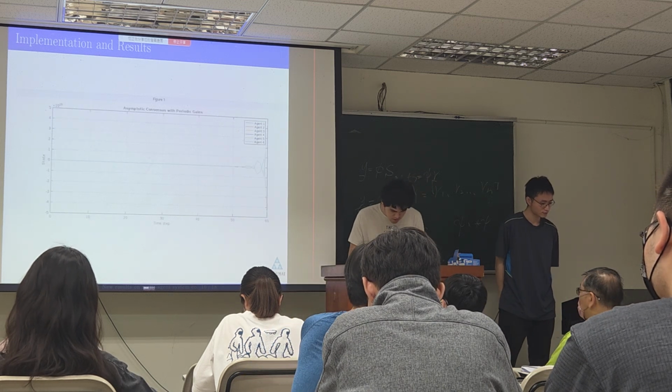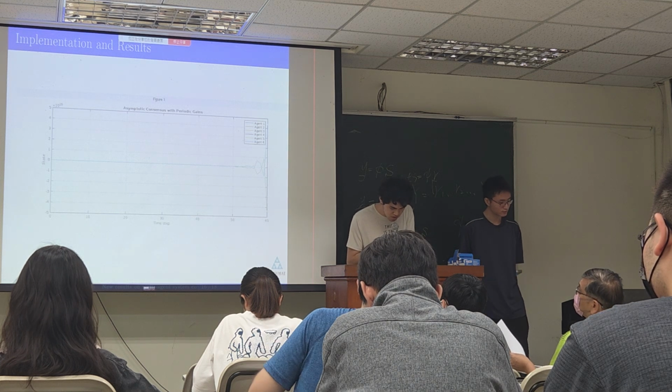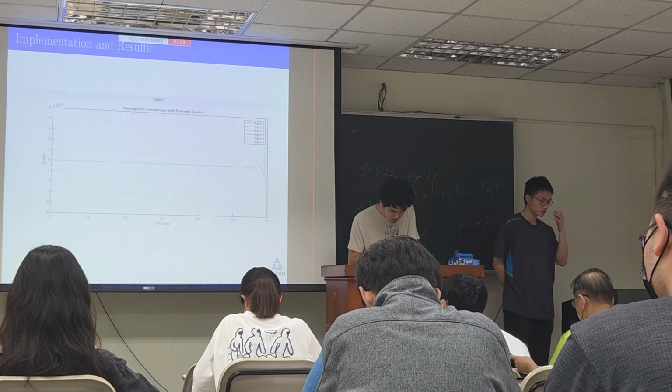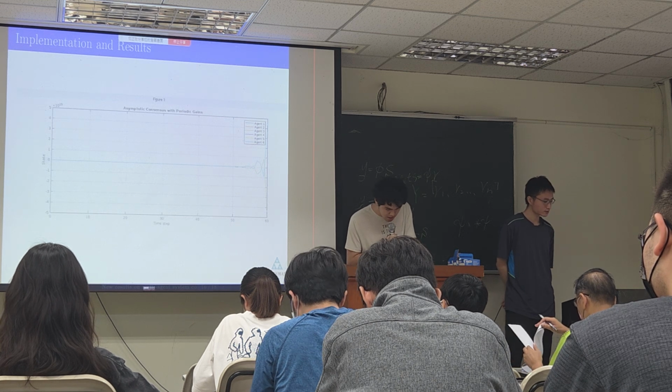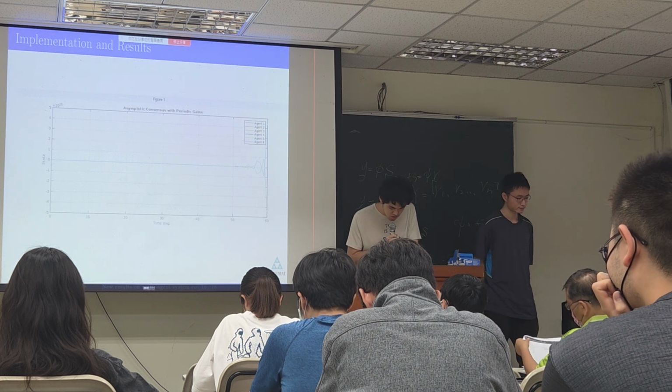Then we move to the second figure, which illustrates the evolution of the state trajectories for the 6-agent network under the consensus protocol designed via the graph signal processing approach.